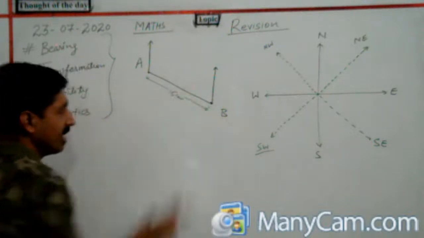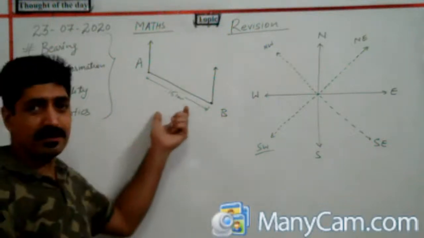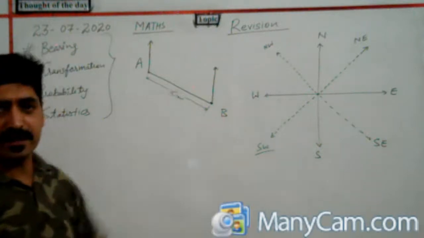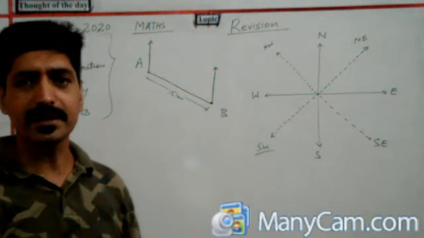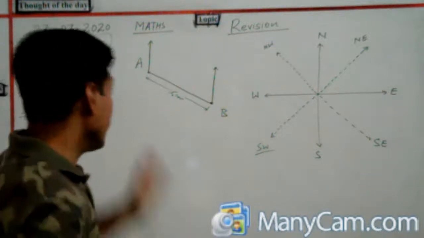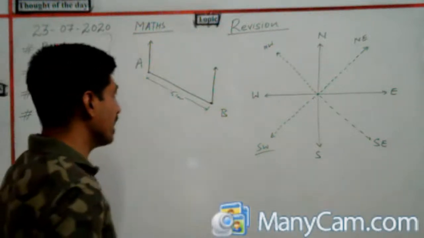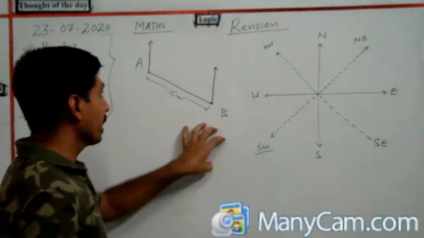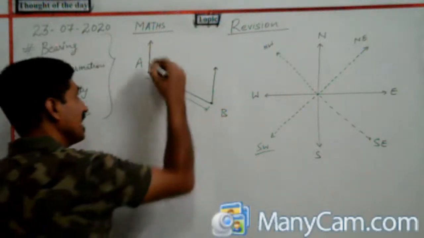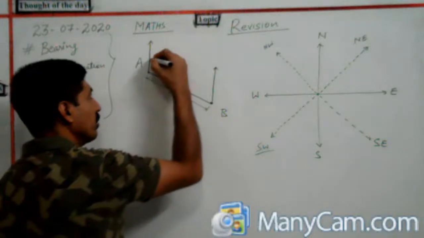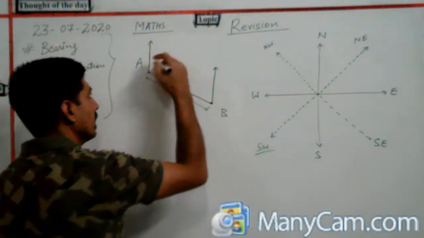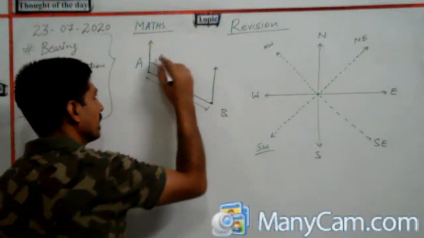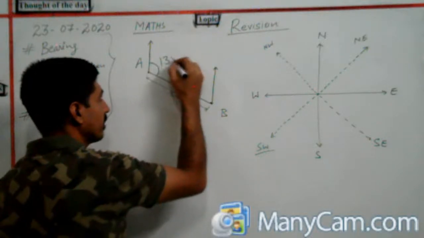It may be that 1 centimeter on the scale is in actual 1 kilometer or 1 mile. Now, if we are talking about bearing, in the book we have given one example, saying this angle here is 135.